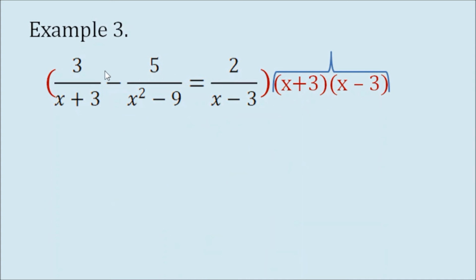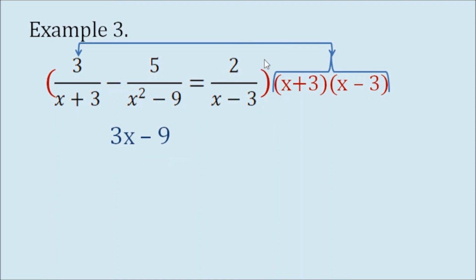Now we are going to multiply 3 over x plus 3 by this least common denominator, and we have x plus 3 here that is common, so we have to cancel this out. So we have x minus 3 times 3, that gives us 3x minus 9.